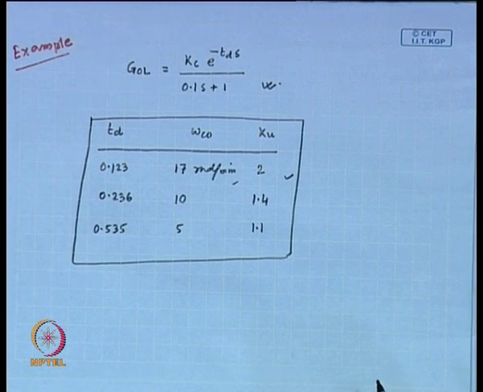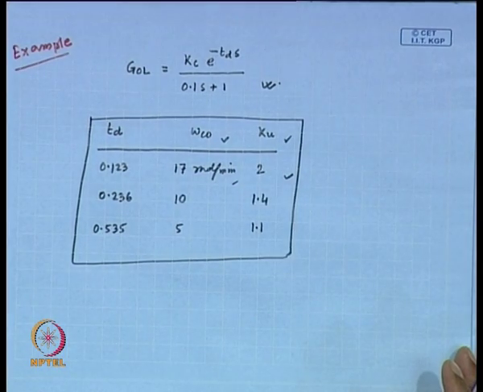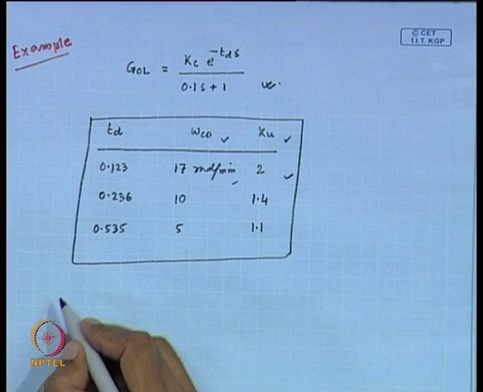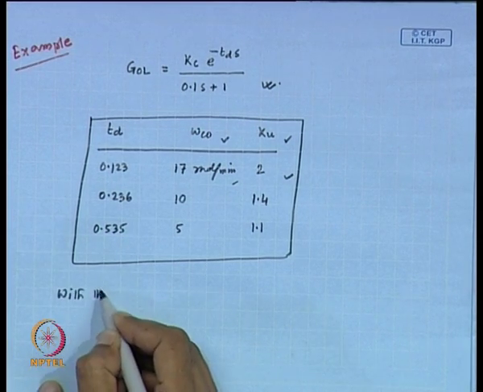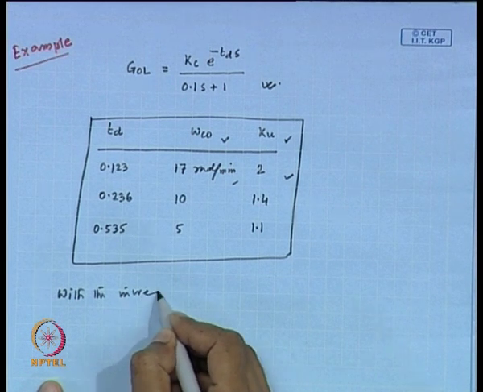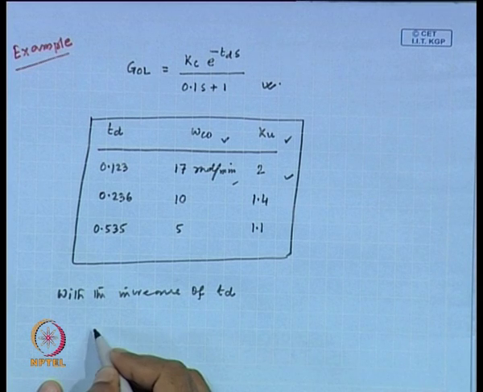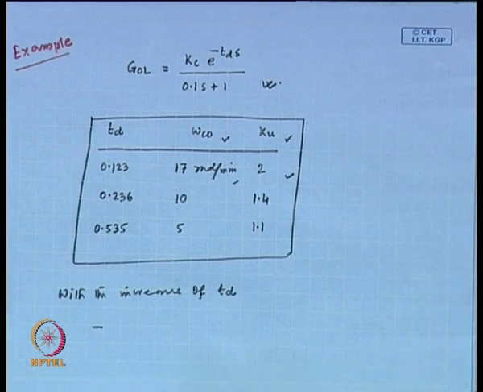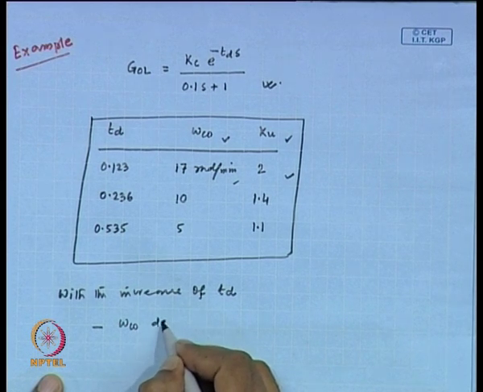Fine. Now, it is very obvious that with the increase of Td, the crossover frequency and ultimate gain both decrease. So, with the increase of Td, crossover frequency decreases.